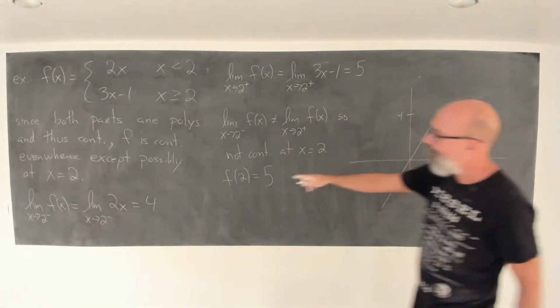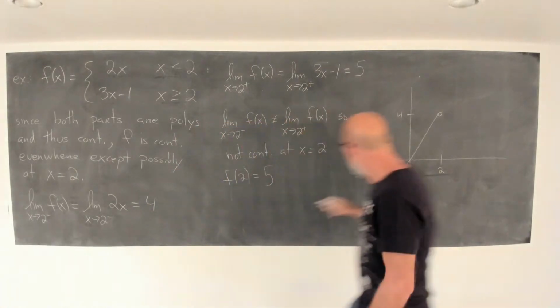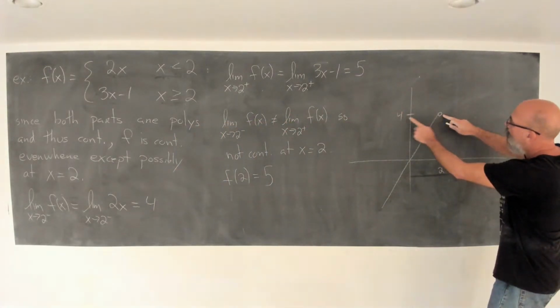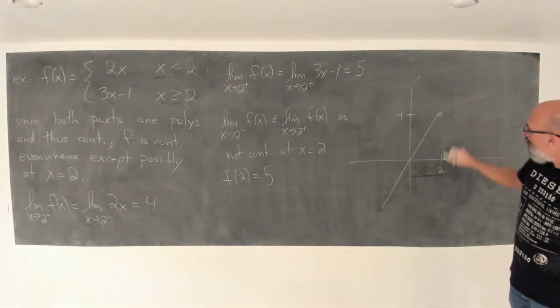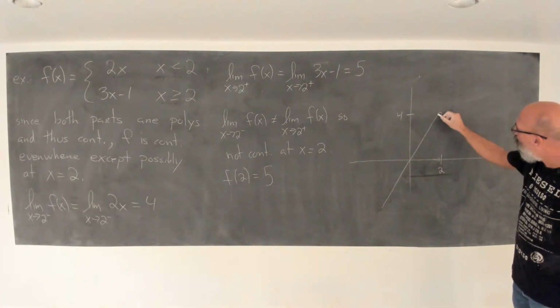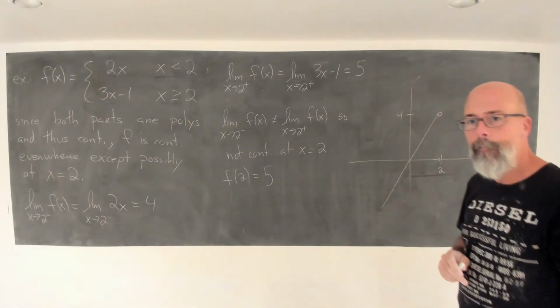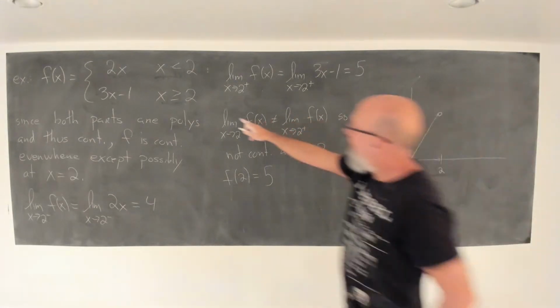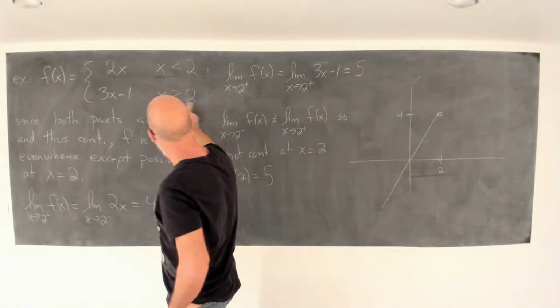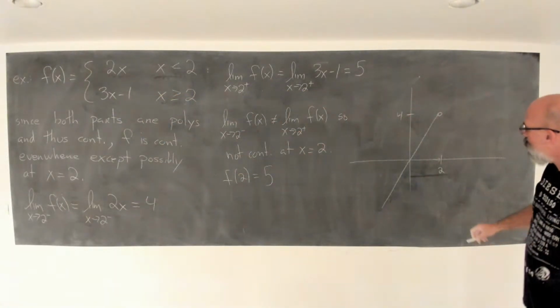And if you look at the limit as x goes to 2 from the left, that's 4, and that's exactly what the graph suggests. As you go to 2 from the left, you are getting closer and closer to 4. And then from 2 onwards, it's actually 3x minus 1.